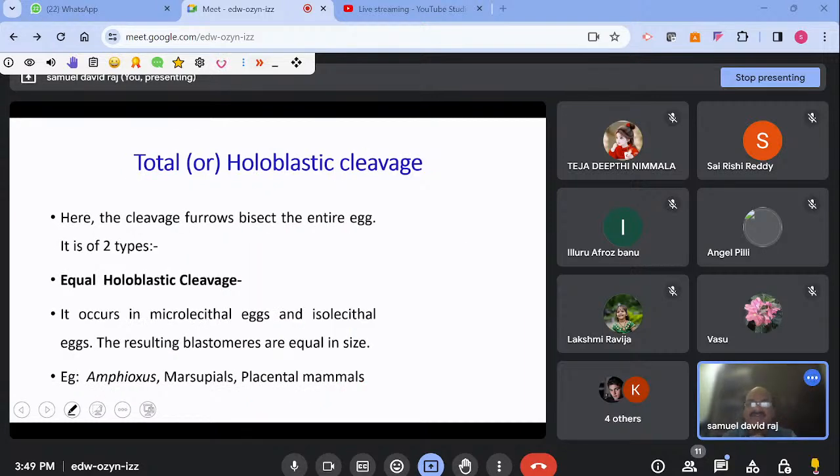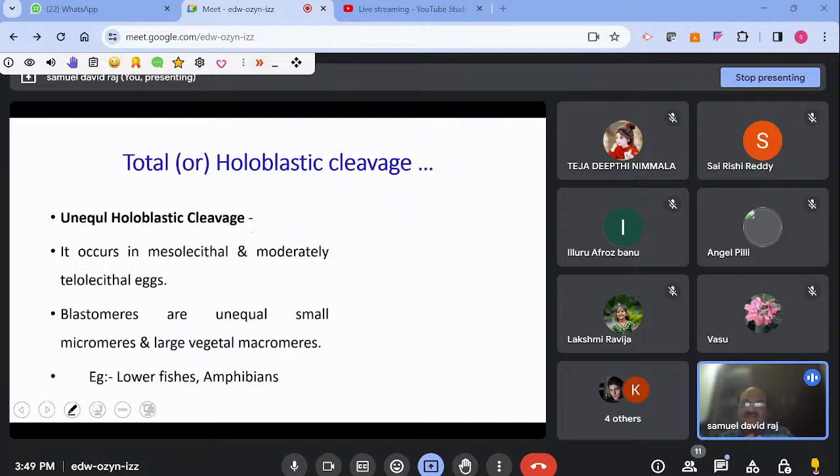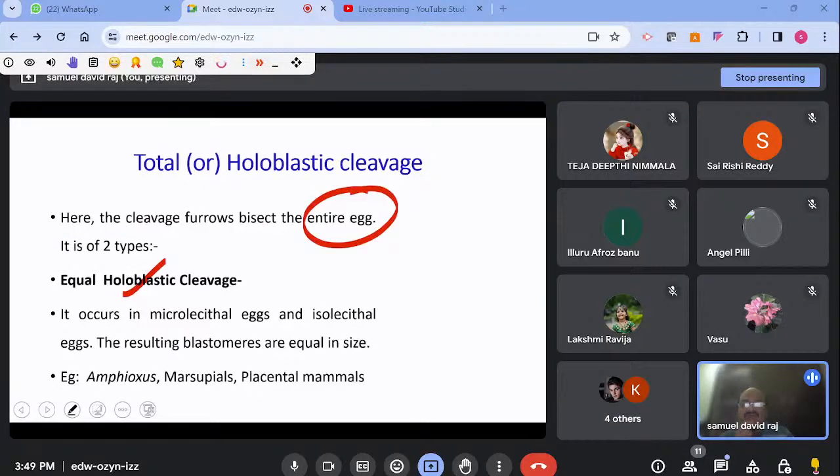Total or holoblastic cleavage: the cleavage furrow bisects the entire egg here. It is of two types: equal holoblastic cleavage and unequal holoblastic cleavage. Equal holoblastic cleavage occurs in microlecithal or isolecithal eggs, where the yolk is uniformly distributed. So the first division results in two daughter cells which are equal in size.